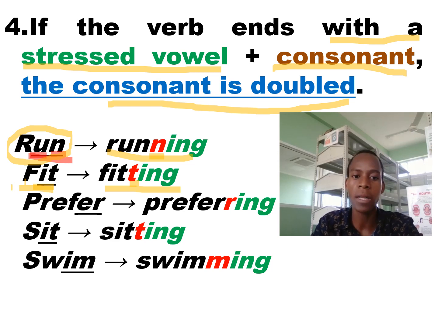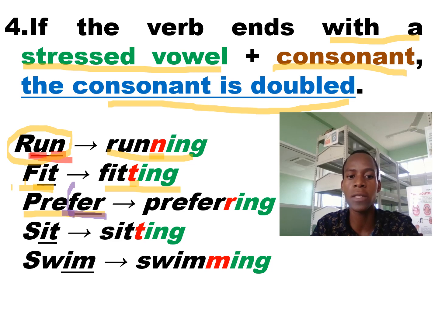Prefer. The stressed sound is here at the end, far. Prefer is not pronounced with the stress on pre, no, it is fer, because we take much time saying fer. We don't say prefer with the stress at the beginning.